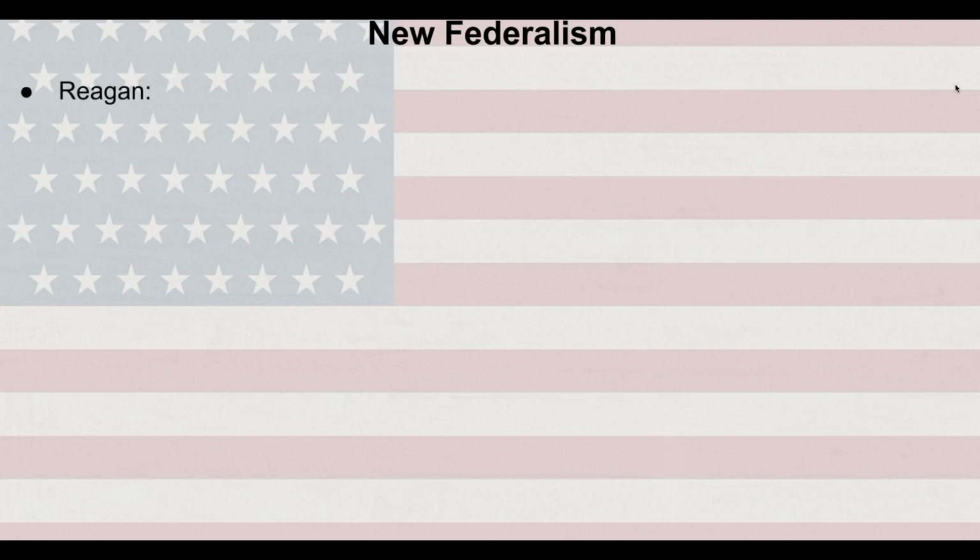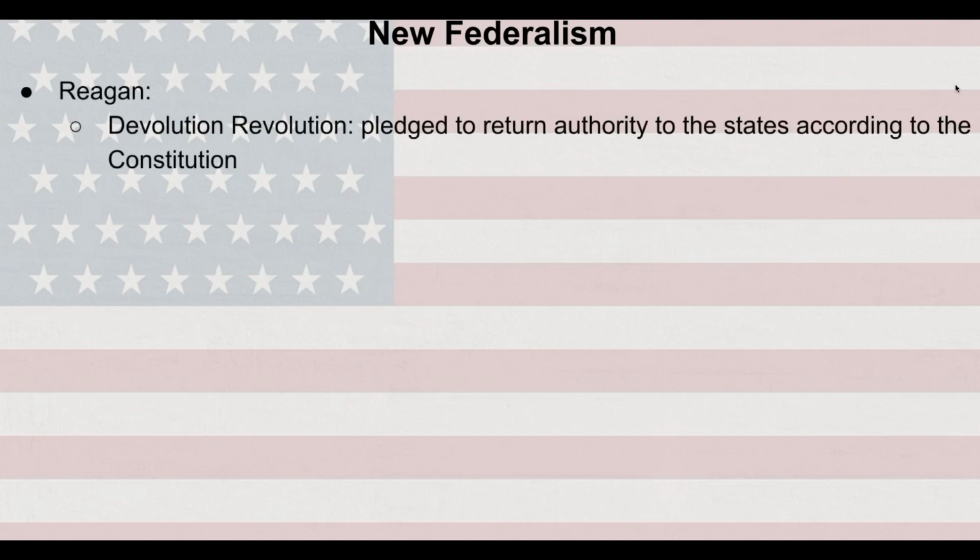Reagan is going to usher in what is known as the devolution revolution. And devolution is simply the devolving of power from the federal government to more localized government. He is going to pledge the return of authority to the states according to the Constitution.